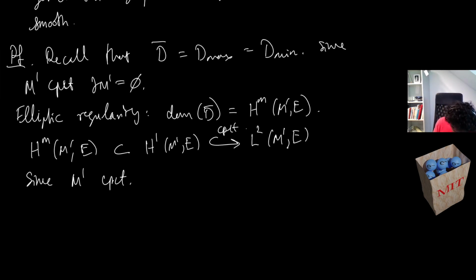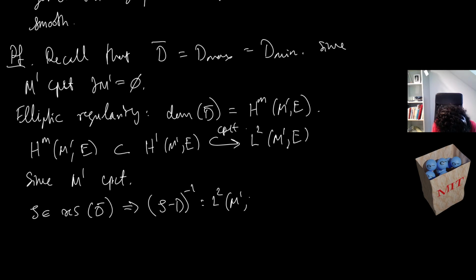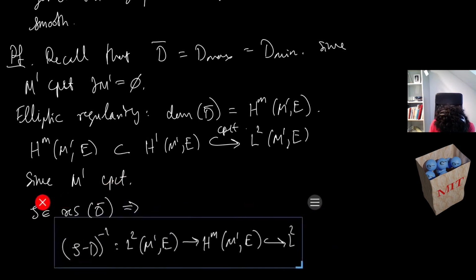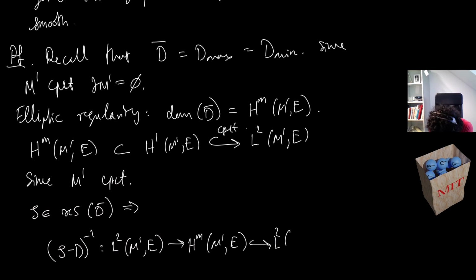So now, if zeta is in the resolvent set of D, then we have that (zeta minus D) inverse is going to map us from L2 of M prime E into the domain of the operator, which is HM of M prime E. And then, if we factor this, we're interested in this as an L2 to L2 map, but we factor it through the embedding.